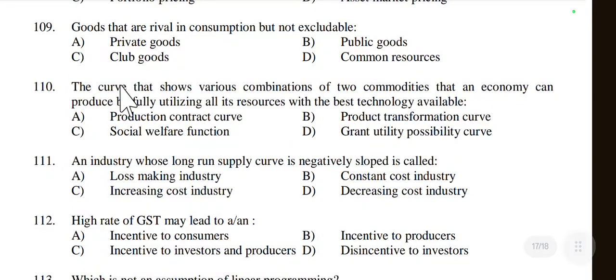Then question number 110, the curve that shows various combinations of two commodities that an economy can produce by fully utilizing all its resources with the best technology available. It is called production contract curve, product transformation curve, social welfare function, or grand utility possibility curve. It is called product transformation curve, also known as production possibility frontier, PPF.